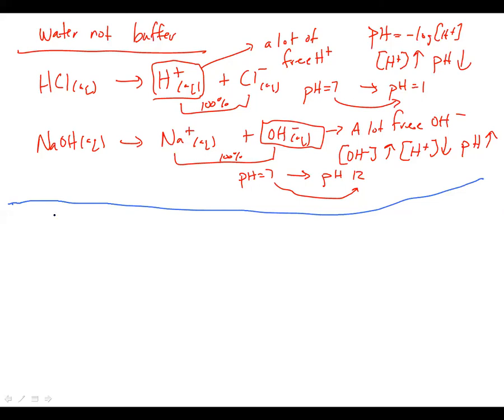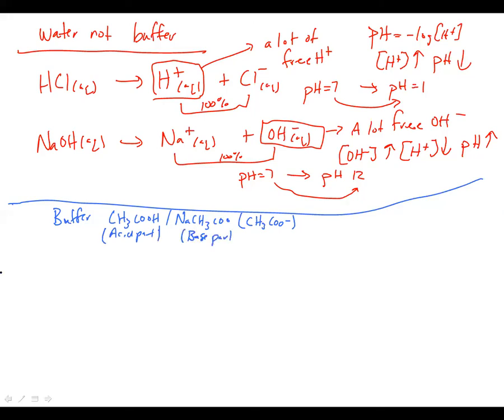But now if we take those same things and add them to a buffer, we'll use acetic acid and sodium acetate, which again is really just a source of acetate. The acetic acid is the acid part of the buffer. The sodium acetate is the base part of the buffer.